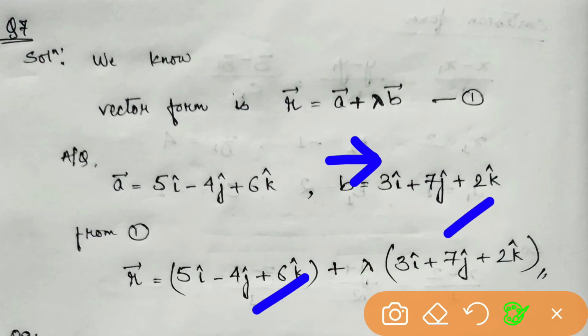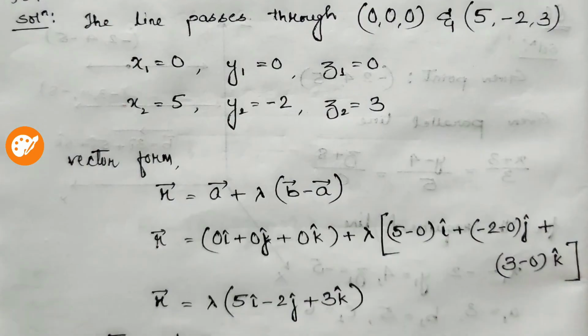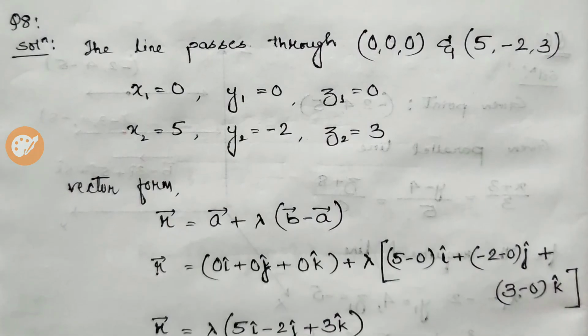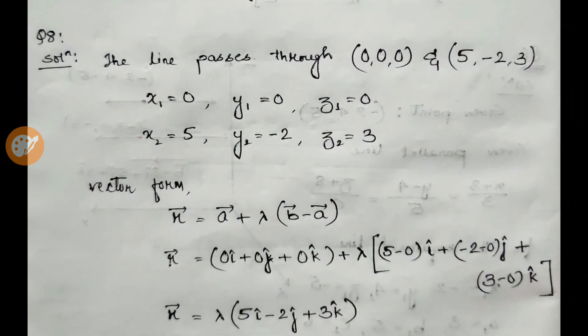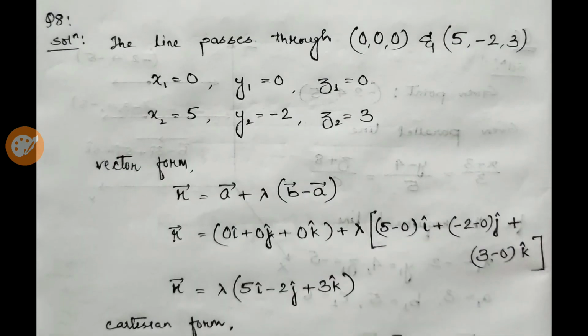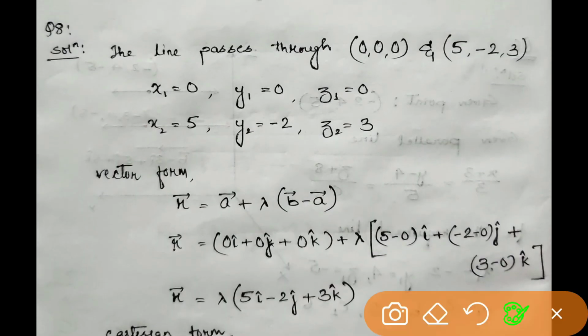Okay, let's proceed to question number 8. Question number 8 says, find the vector and Cartesian equation of the line that passes through the origin and the point. Okay, so it's saying origin and the point.